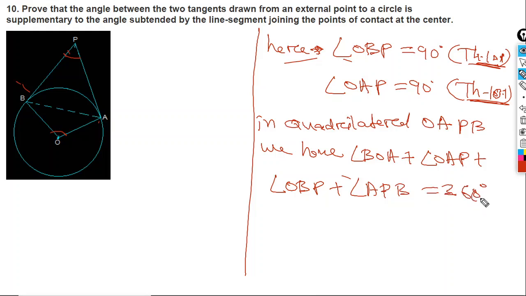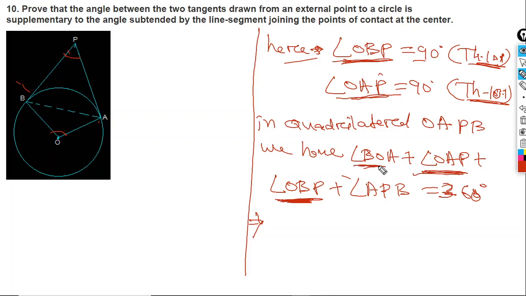We know that the sum of interior angles of a quadrilateral is 360 degrees. Implies, but here we have angle OBP equal to 90 degrees. Where is OBP? This angle is 90 degrees. And angle OAP, where is it? This angle is 90 degrees.